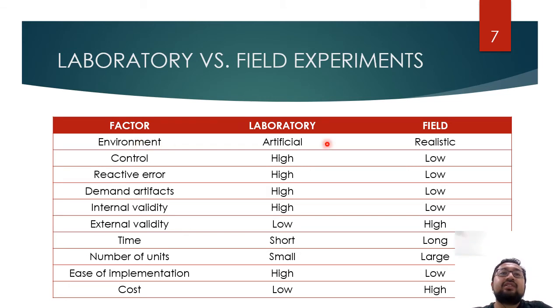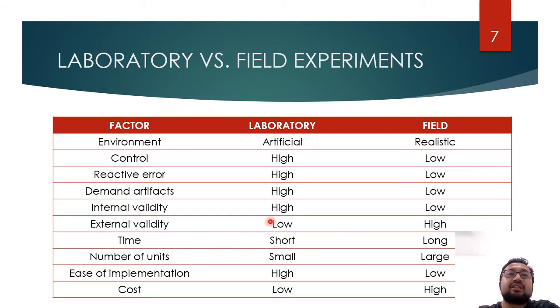So factor environment laboratory is artificial, field adalah realistic, control dia high, kita boleh control, field kita kurang boleh control, low, reactive error high, field low, demands artifacts high, field low, internal validity laboratory high, field low, while external validity in laboratory low, field is high because kita dah apply dekat luar, dekat application, dekat community ataupun dalam dunia luar, outside world.